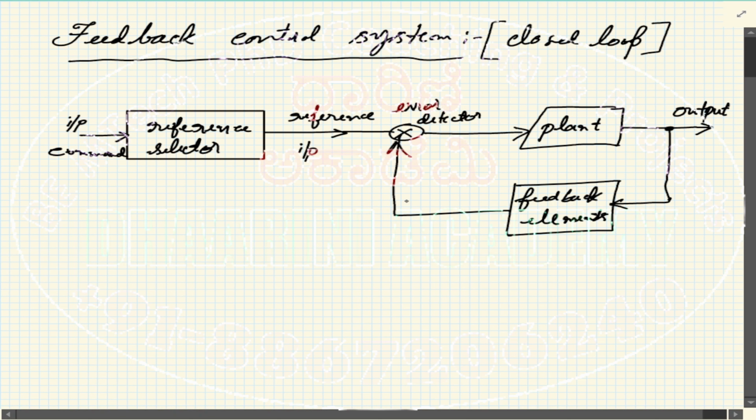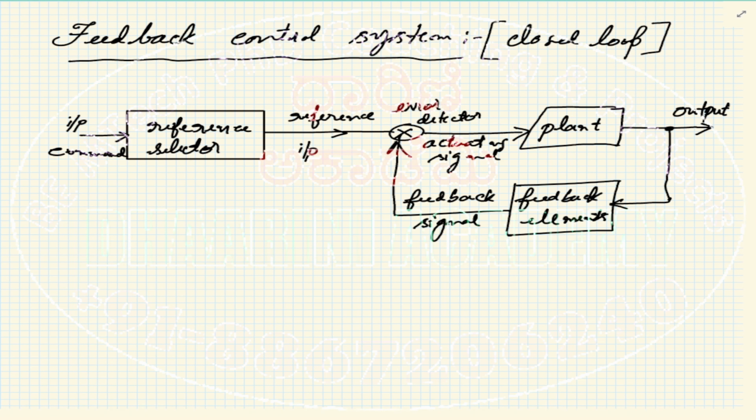Now this signal is called the feedback signal. So the output of the error detector is called the actuating signal.